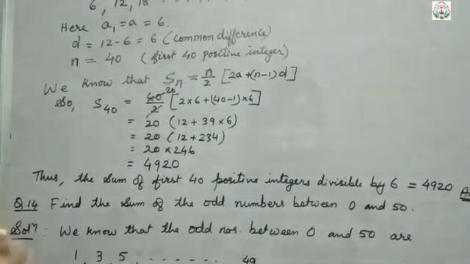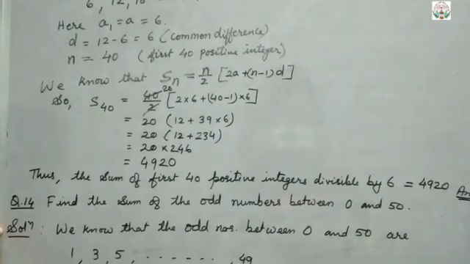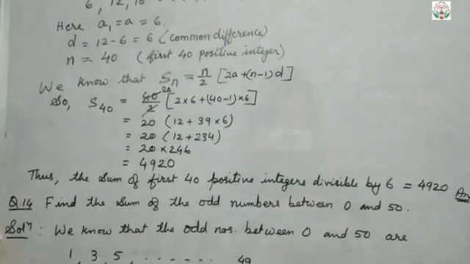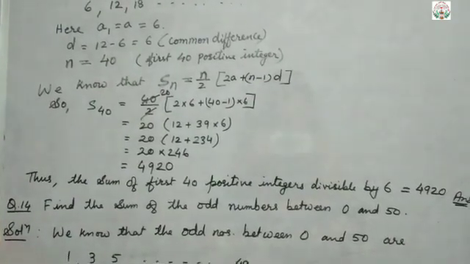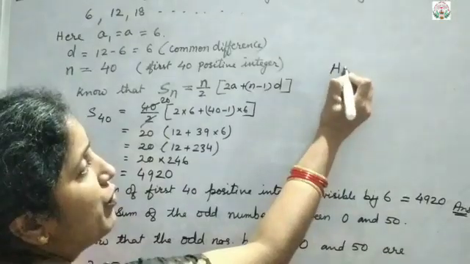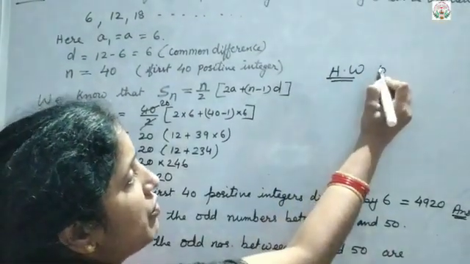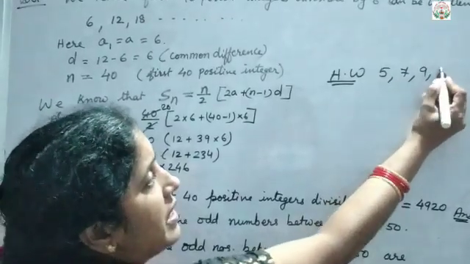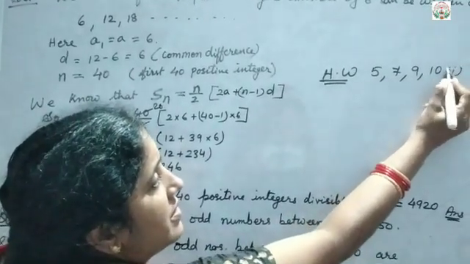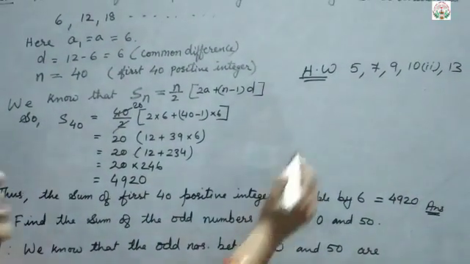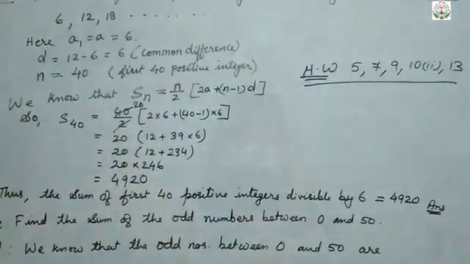So the homework questions are 5, 7, 9, the 10th second part and the 13th question. These questions you have to solve as homework.